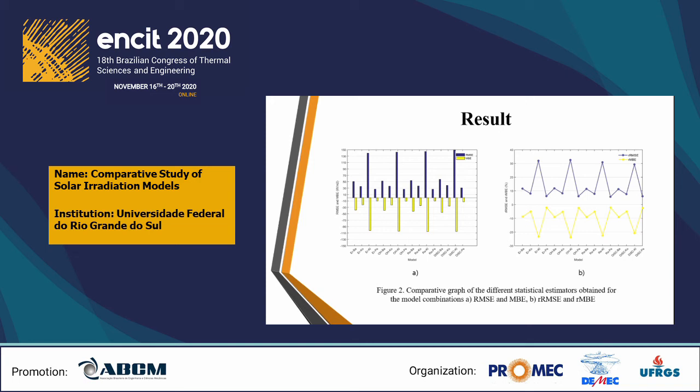On the other hand, the anisotropic models, Klucher and Perez, tend to overestimate the irradiance, with MBE greater than zero, but the results obtained in the present article show that all models underestimate the data provided by the software.